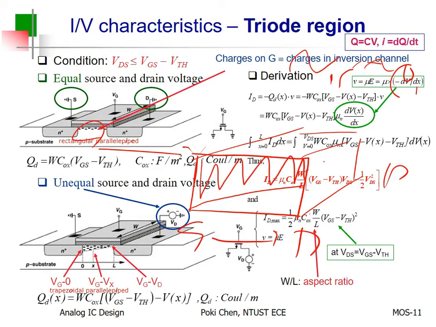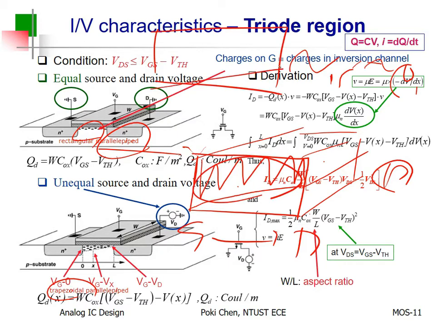So finally, you don't have the rectangular parallel pipe. Instead, you have this kind of trapezoidal parallel pipe. 梯形体. So it means what? The higher the drain voltage is, the cross-sectional view will change from here to there, to there.